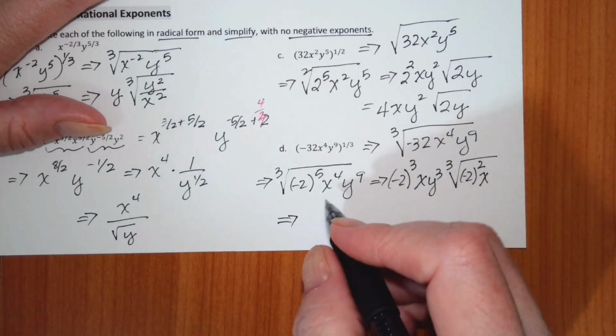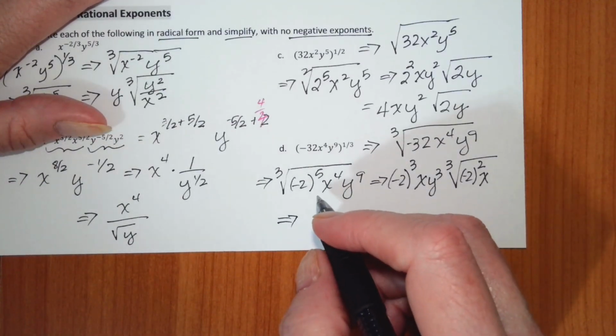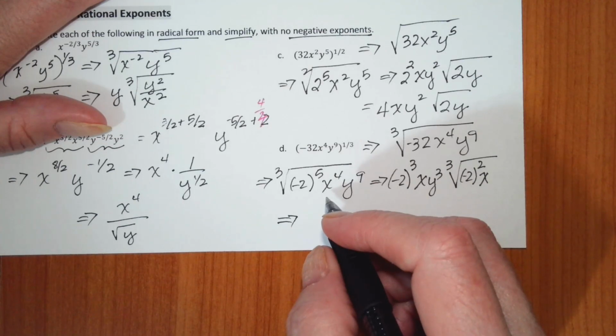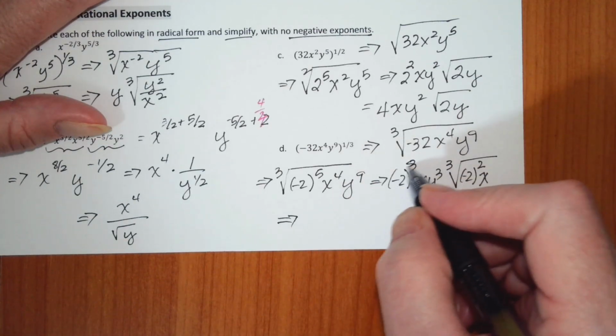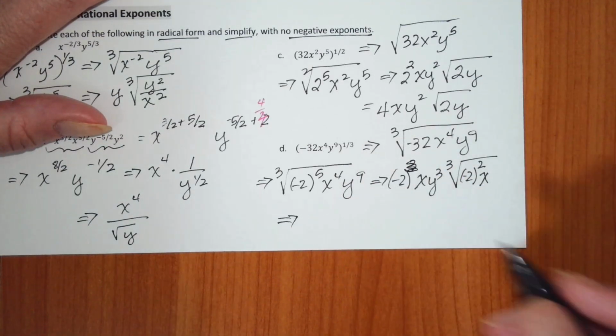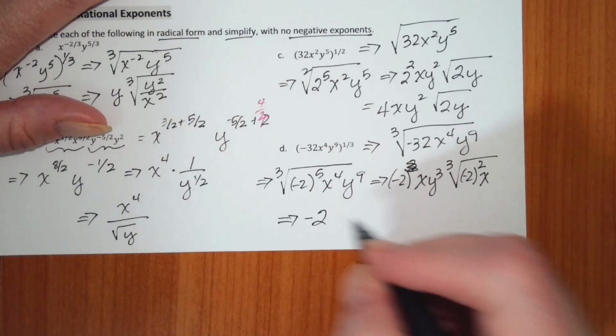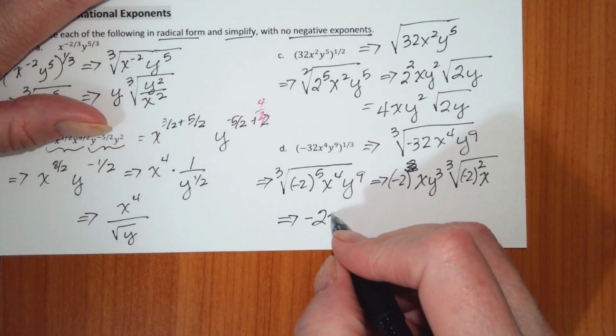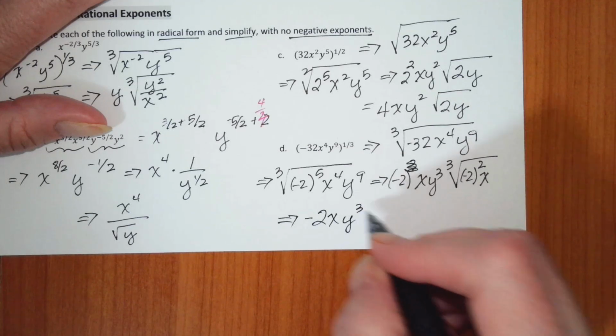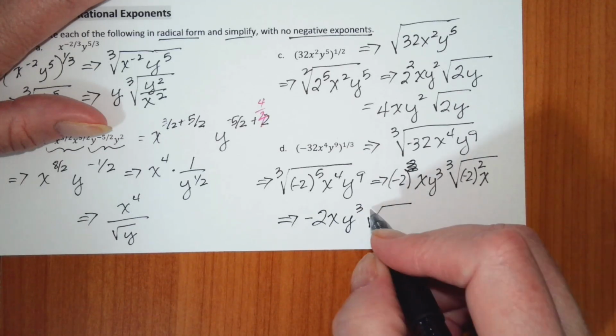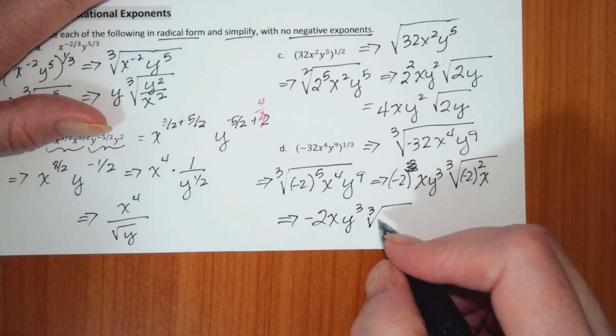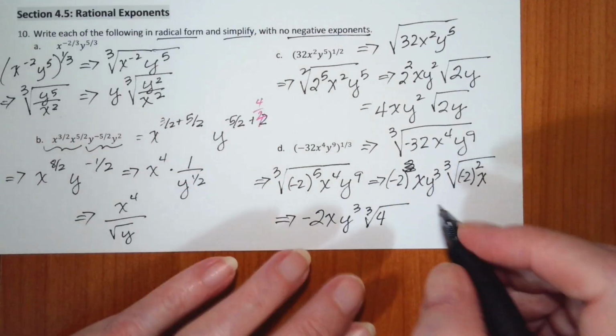So -2 to the 3rd. Oh, I'm sorry. I just pull out a -2. So that gives me -2 xy to the 3rd times the cube root. -2 squared is 4x.